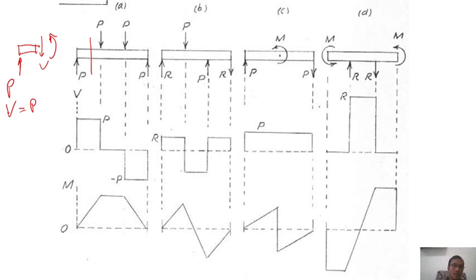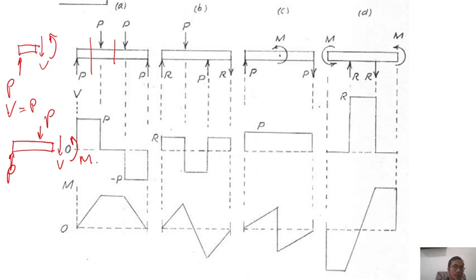Okay, right? And then I will cut it again at another point, slightly longer. There will be P going up and P going down, and then the shear force here and the moment.